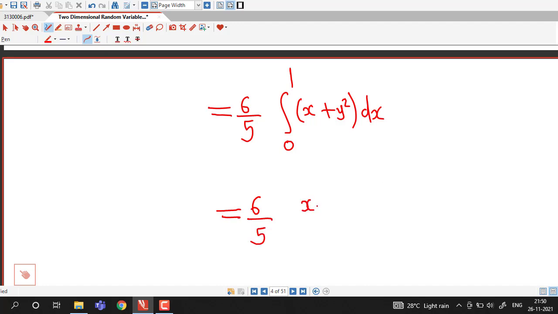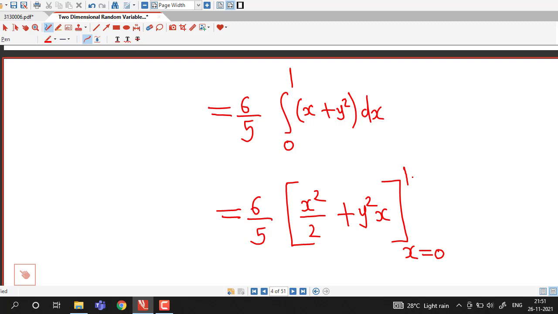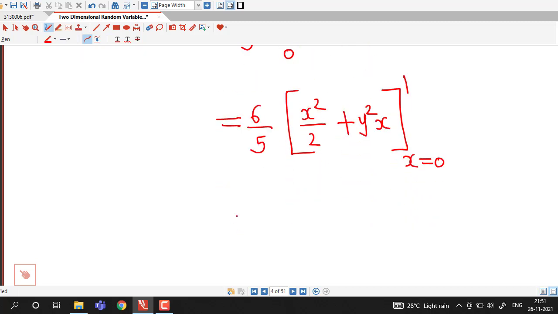So integral of x is x square by 2, y is constant, so y square is also constant, and integral of dx is x, and these are the limits of x. So we consider x from 0 to 1. So if we take x equal to 1, we have 1 by 2 plus y square.